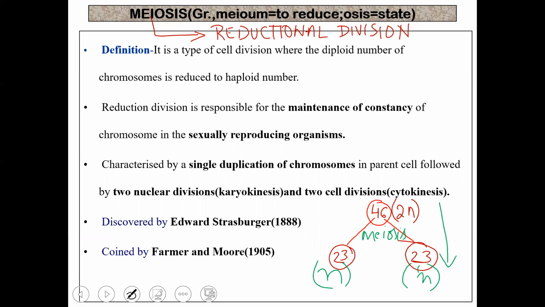So reductional division is important to maintain a constancy of chromosome number in sexually reproducing organisms. Sexually reproducing organisms are basically multicellular organisms, so they need to maintain a constant chromosomal number. So if the parental generation is diploid, then the daughter generation will be haploid.